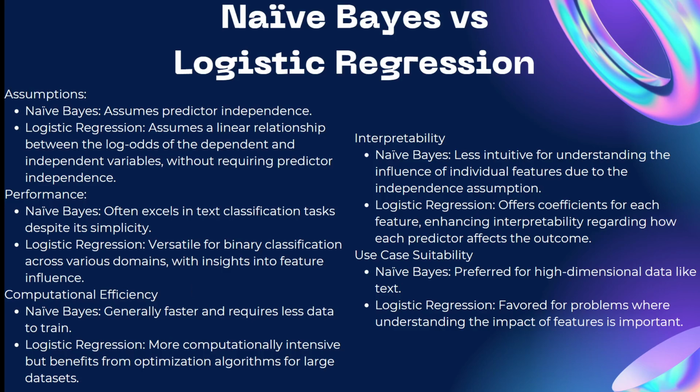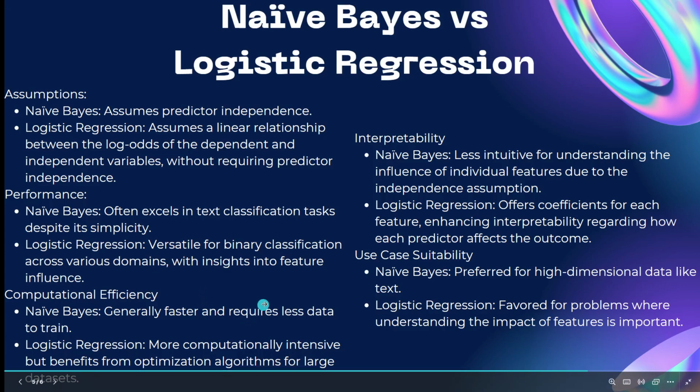For logistic regression, we have to get a lot of data to understand the relationship between these words, so it's harder to train. But if you have the opportunity to train it, if you have enough computers and resources, it's going to give maybe better results. You can use logistic regression for larger datasets.